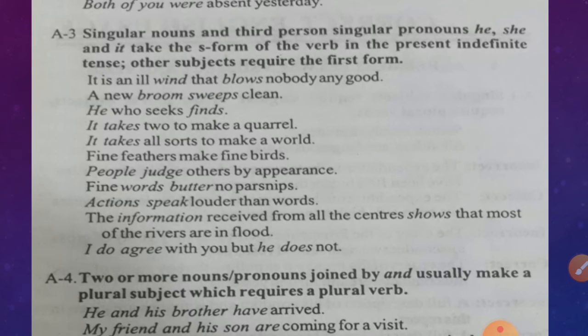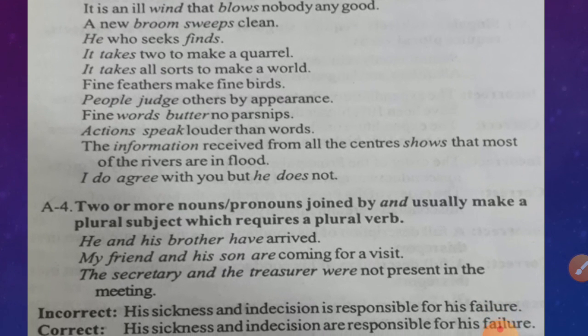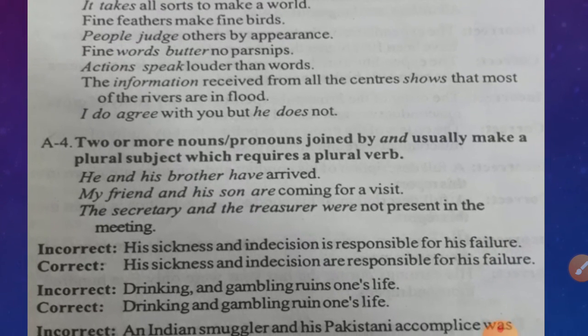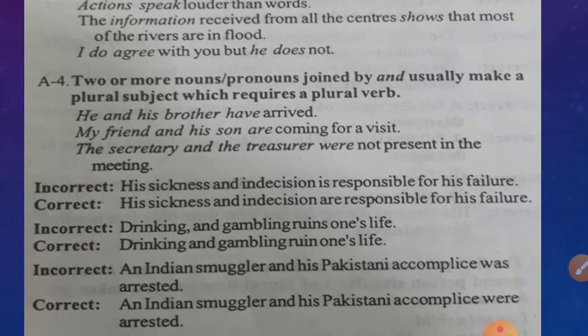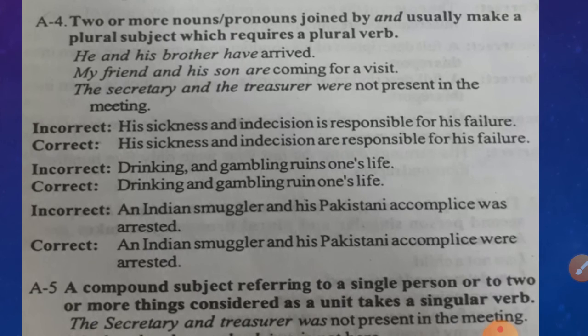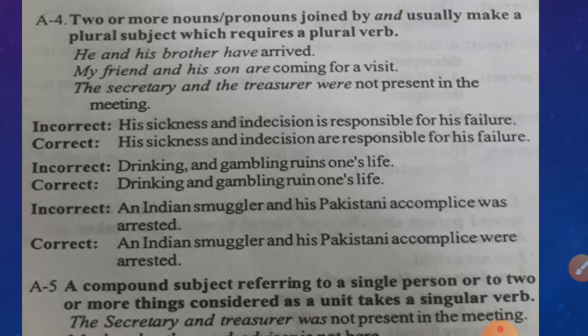The next rule is: two or more pronouns joined by and usually make a plural subject, which requires a plural verb. He and his brother have arrived. My friend and his son are coming for a visit. The secretary and the trader were not present in the meeting.